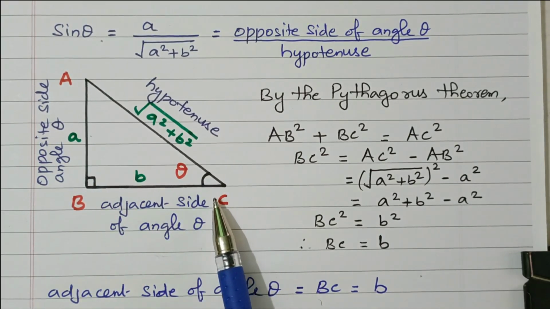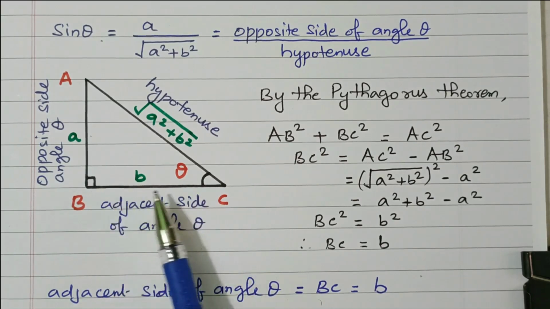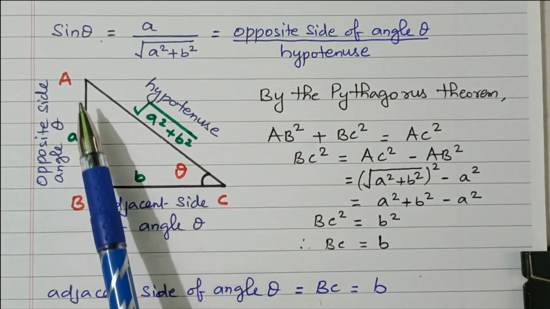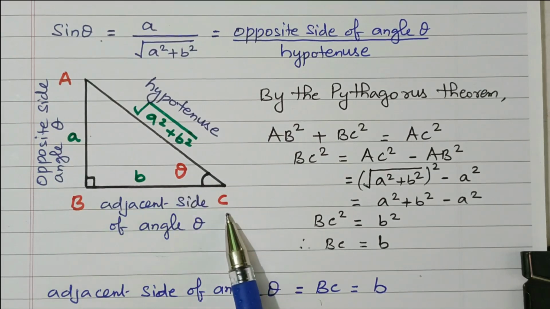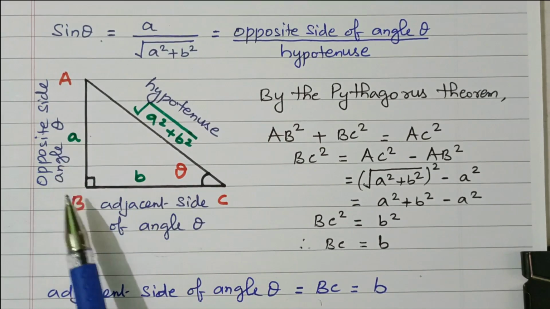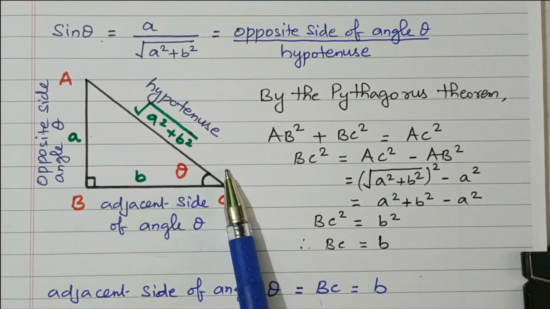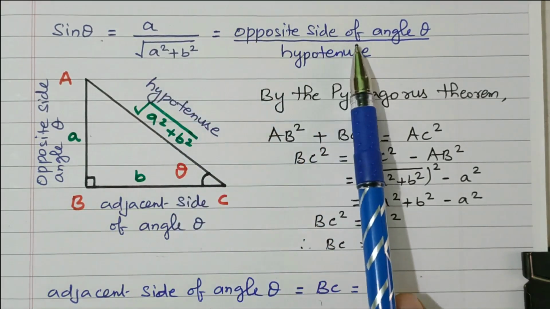We can construct the triangle with any name, but it should be a right angle triangle. The theta may be located anywhere, but in this problem it is named as ABC and theta is at the corner C. Accordingly AB is the opposite side, BC is the adjacent side, AC is the hypotenuse.